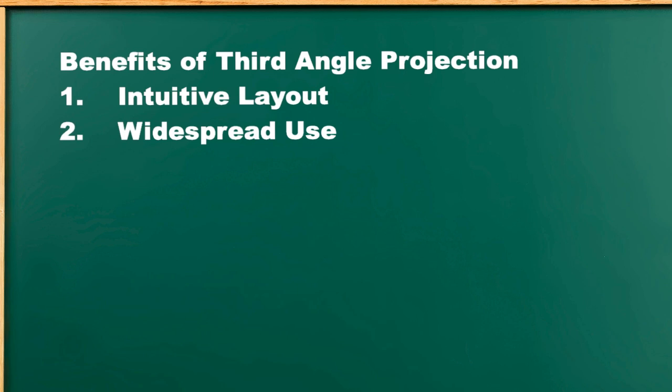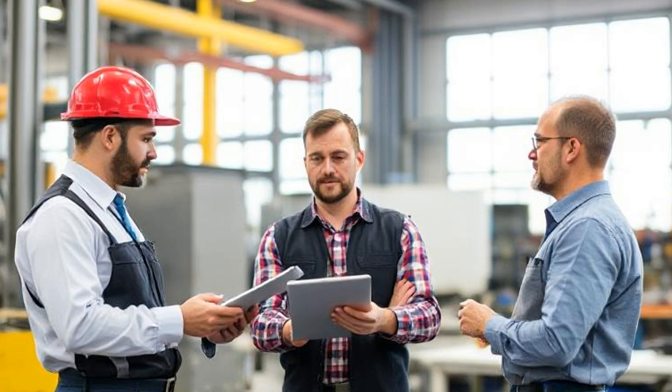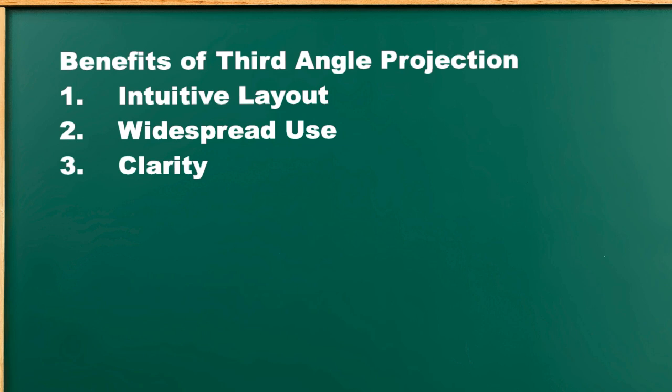Widespread use. Since it's the standard in the US and Canada, it's easier to collaborate with industries in these regions. 3. Clarity. The projection lines don't overlap as much, making the drawing cleaner and easier to read.